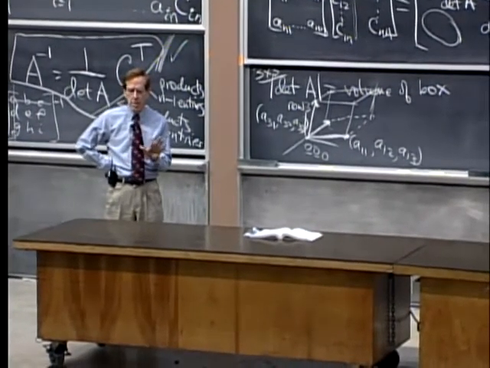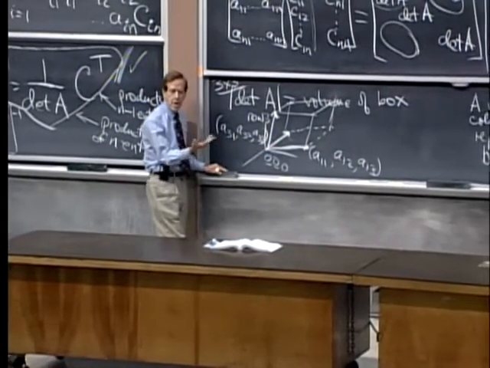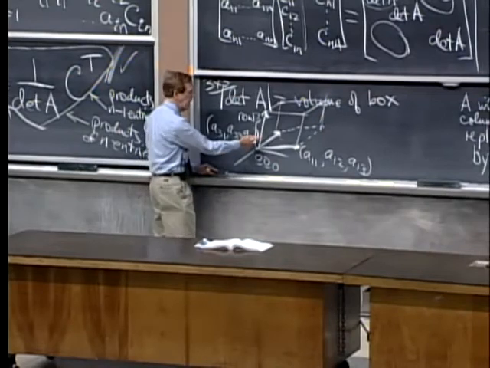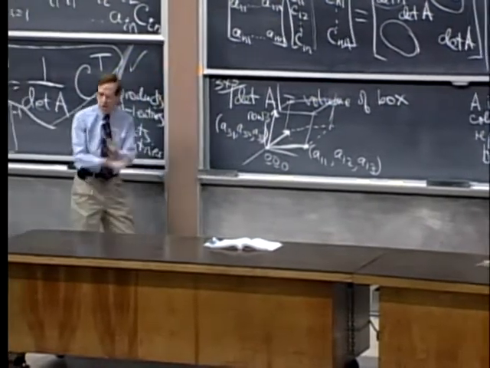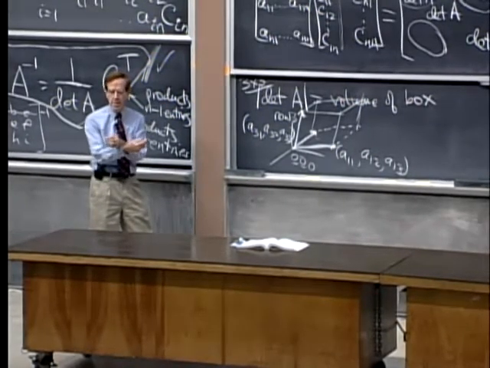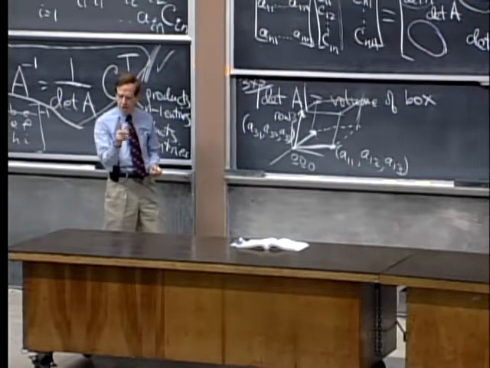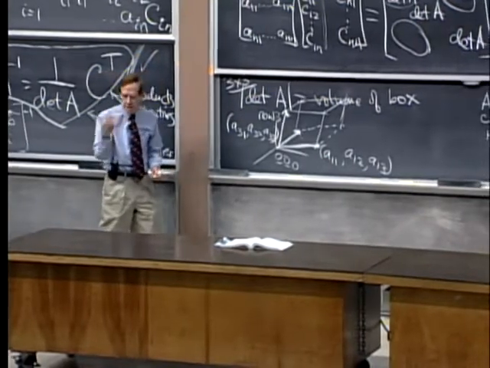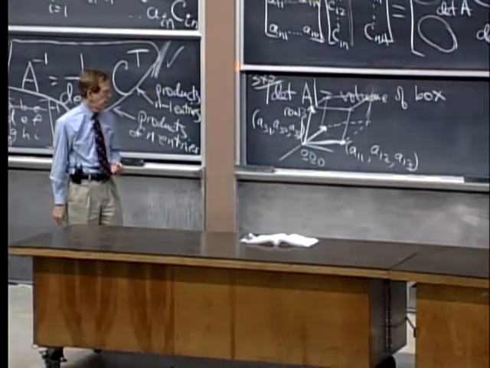Somehow it will tell us whether it's a right-handed box or a left-handed box. If we reversed 2 of the edges, we would go between a right-handed box and a left-handed box. We wouldn't change the volume, but we would change the cyclic order. So that I won't worry about.